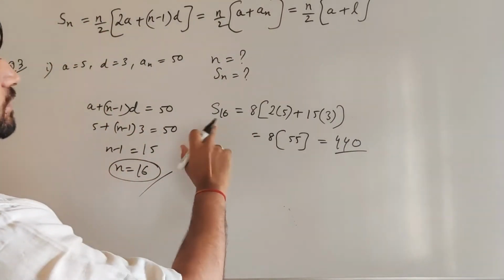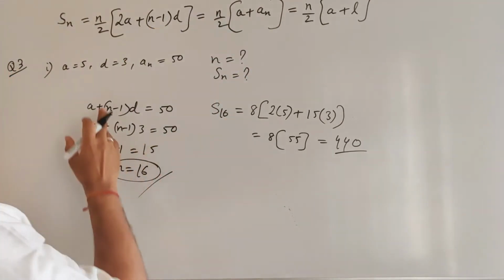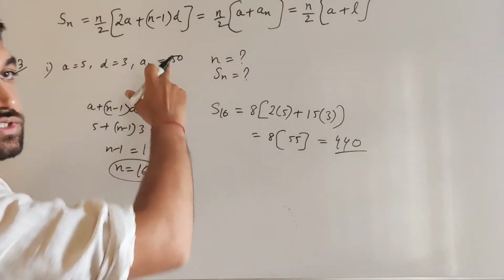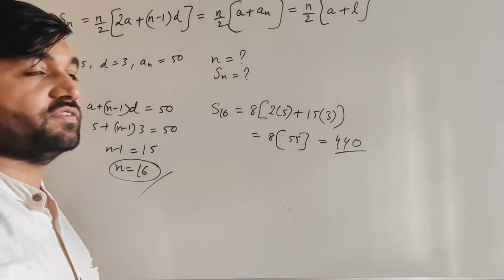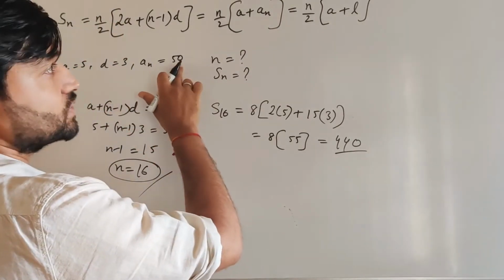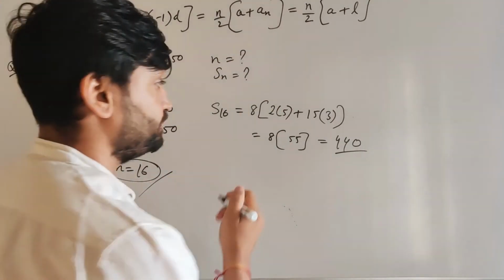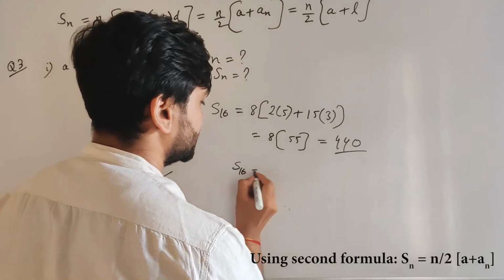Now you see, to find this S16 we've used this formula. Now in this question, because we know the first term and we know the last term, an equals 50, it's the nth term, meaning the last term. So that value is known. So we can also use this formula, n by 2 into a plus an. If I use that formula, I should get the same answer, of course.